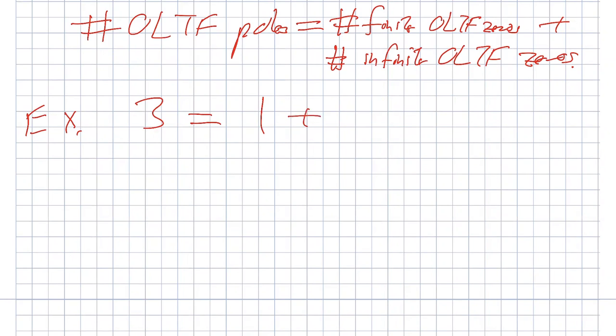So we must have 2 infinite zeros. That's for those other poles. So 2 infinite open loop transfer function zeros.